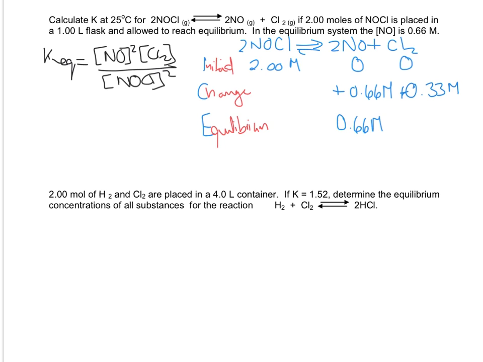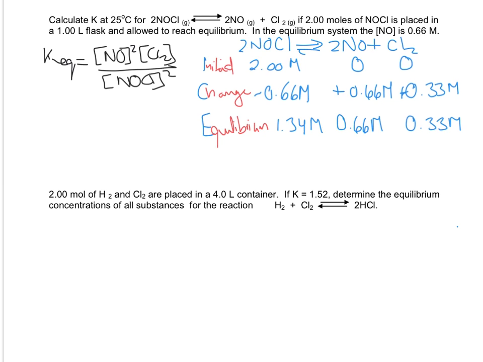And if you look at the NOCl, because it's a 2 to 2 ratio, which is a 1 to 1 ratio, then this would decrease since it's a reactant. It gets used up by 0.66 molar. Then the equilibrium concentrations would be the net of the initial and the change. So you add these two together, you add these two together, and you add these two together. So at equilibrium, this would be 1.34 molar. This we already figured out is 0.66 molar, and then this one is 0.33 molar.